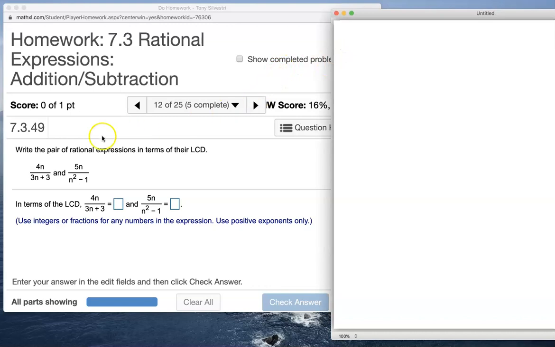Write these things in terms of the LCD. Well, if I were trying to add or subtract these fractions, I can't. So what I need to do is factor the denominators. So here's a denominator. I'm going to factor it: 3 over n plus 1.